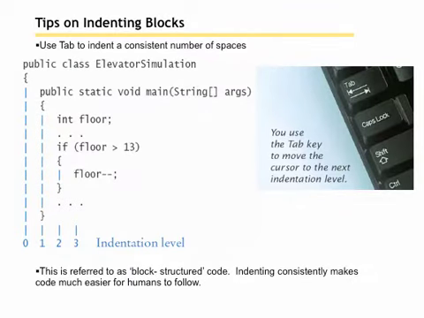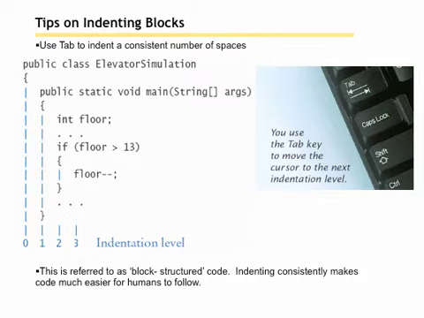NetBeans makes it pretty easy to indent code blocks as long as you use the tab key to indent. If you use the space bar, NetBeans is not as good at helping you line things up. Another cool thing about NetBeans is that it provides vertical gray bars that you can use as a guide to line up your code.